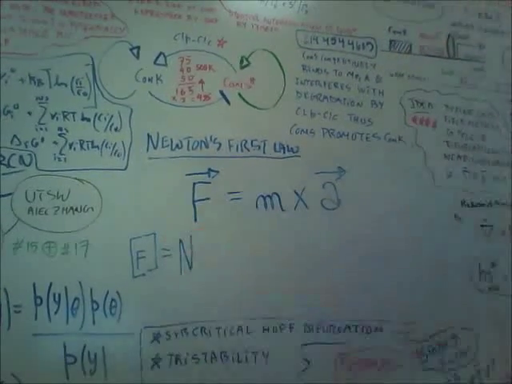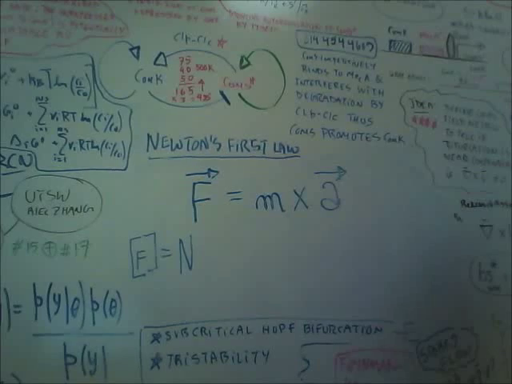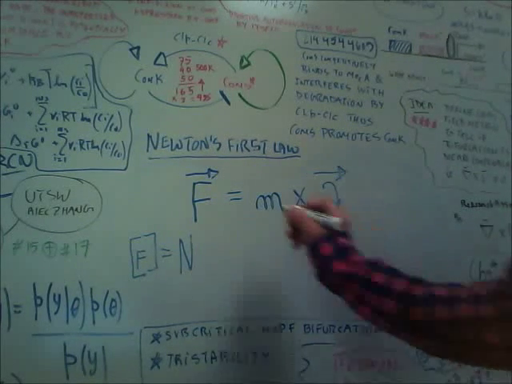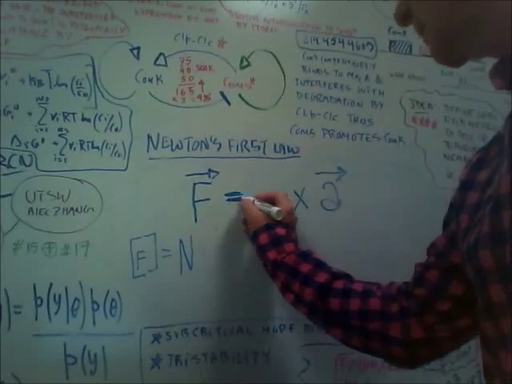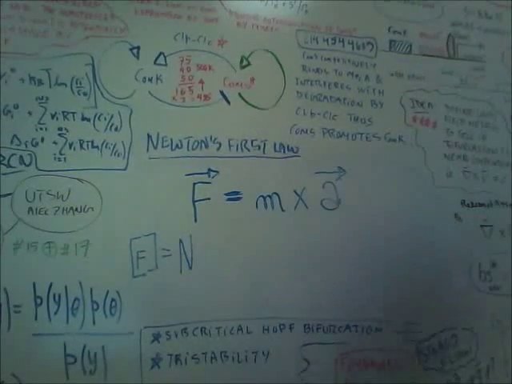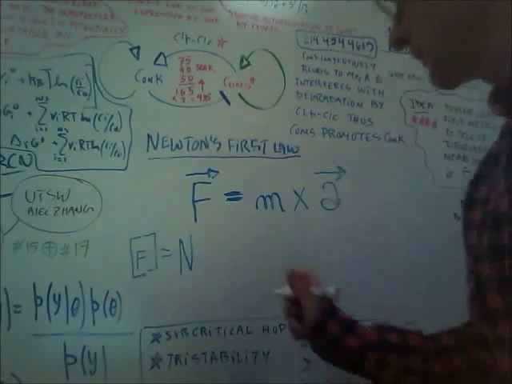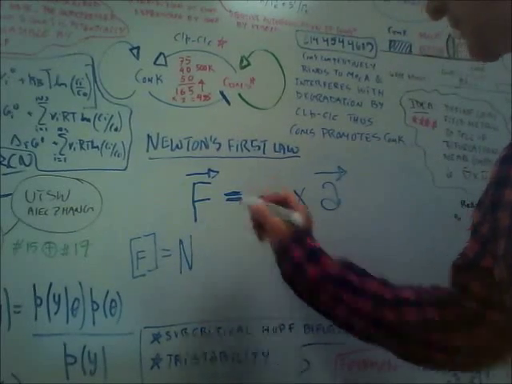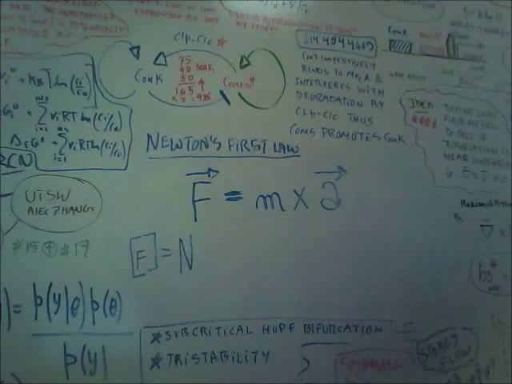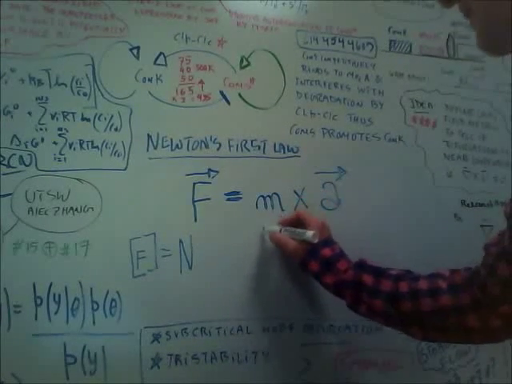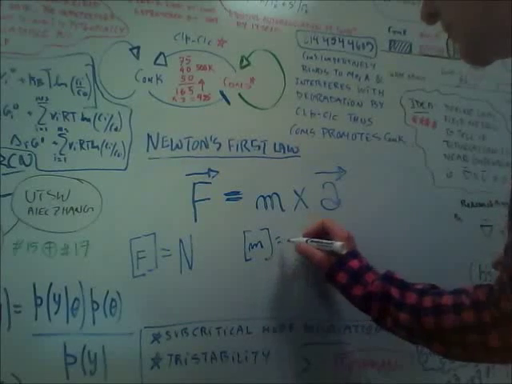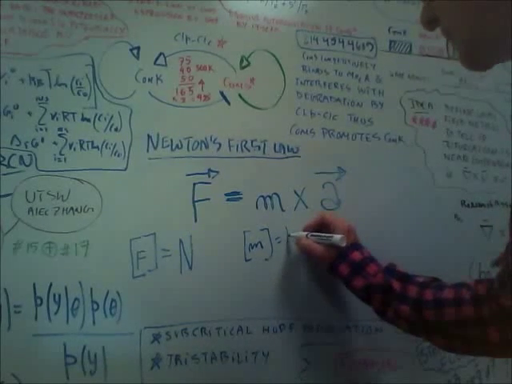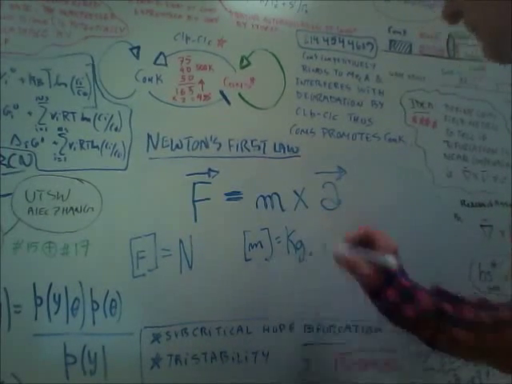This means the units of force is equal to the Newton. There may be a different method using the new system, the system that's being taught, so I'll use that new notation when appropriate. The units of mass are kilograms.